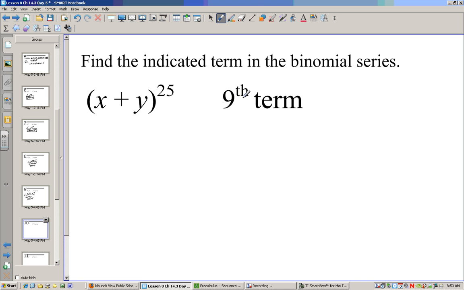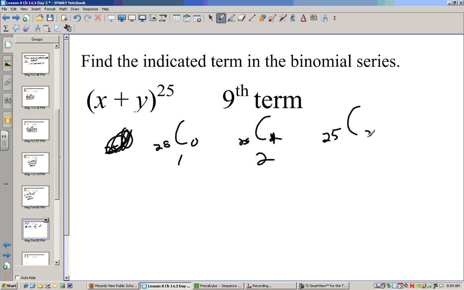Now this gets a little tricky because the 9th term. So the 9th term, if I have 25 choose, that's not a C, 25 choose 0, that's the first term. 25 choose 1, that's the second term. 25 choose 2, that's the third term.